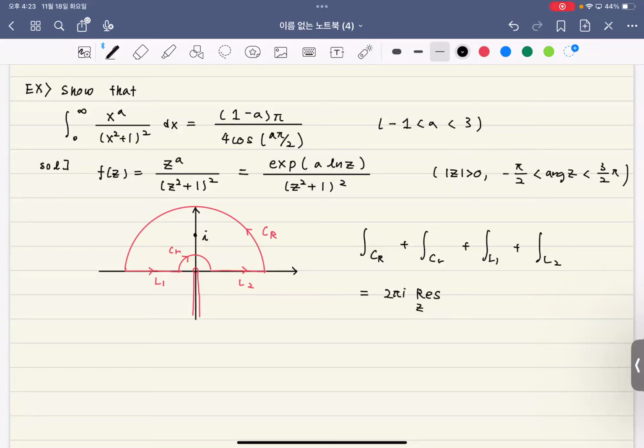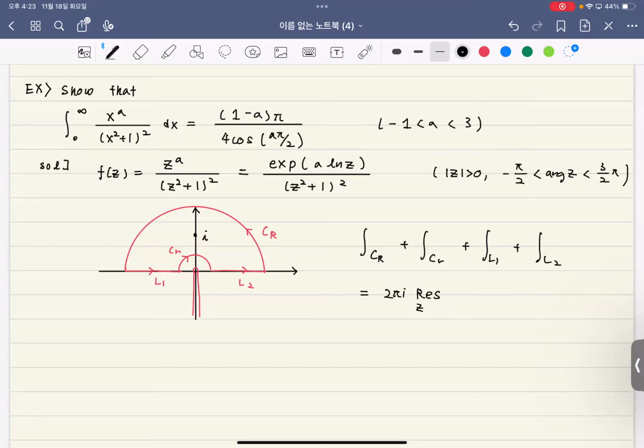Since this is a pole of order 2, in order to do this, we are supposed to multiply everything by (z minus i) squared. Then my function is going to be z to the a over (z plus i) squared, and we take a derivative. Then this is (z plus i) to the fourth, and this is z to the a.